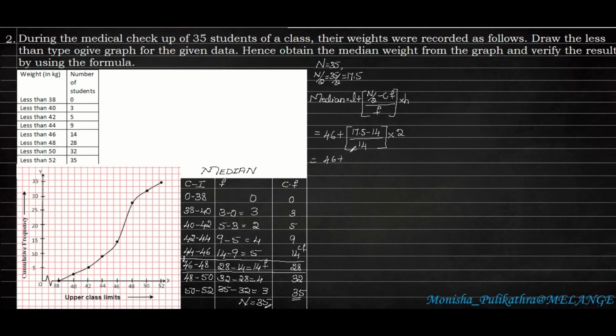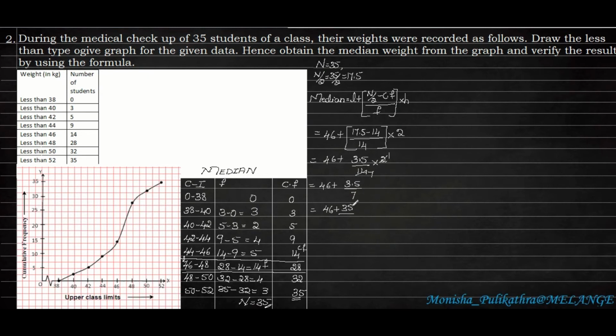So 46 plus (17.5 minus 14, which is 3.5) divided by 14, into 2. Here 2 sevens are 14. So 46 plus 3.5 divided by 7. I will remove this decimal point, and when I remove it, I have to include a 10 in the denominator, because after the point only one digit is there.